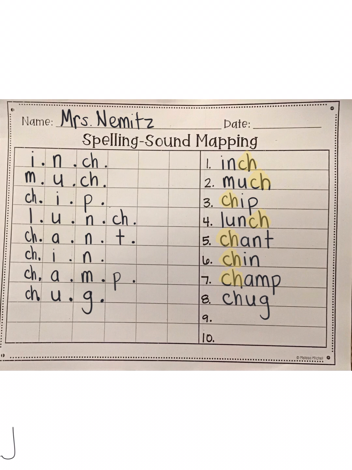With your highlighter, please highlight the CH digraph. Next word is chop. Ch, o, p, chop. On number 9, please write chop. With your highlighter, please highlight the CH digraph.